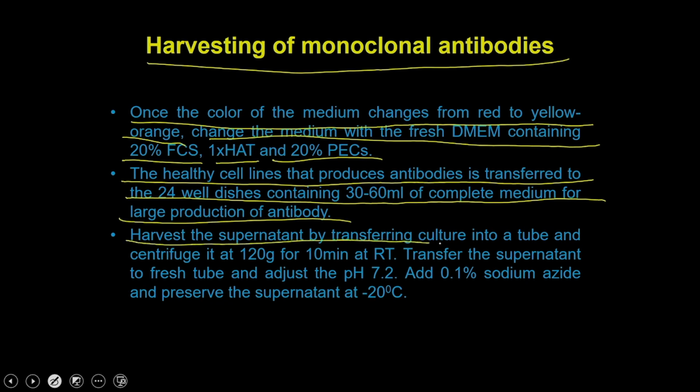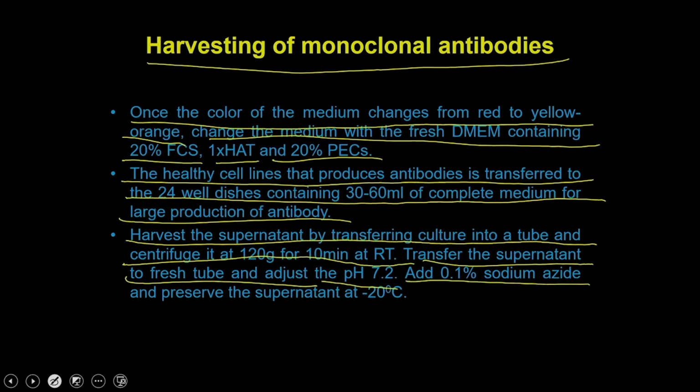Harvest the supernatant by transferring the culture into a tube and centrifuging it at 120 g for 10 minutes. Transfer the supernatant to a fresh tube and adjust the pH to 7.2. You can add sodium azide as well, and you can preserve this supernatant at -20 for a very long time.